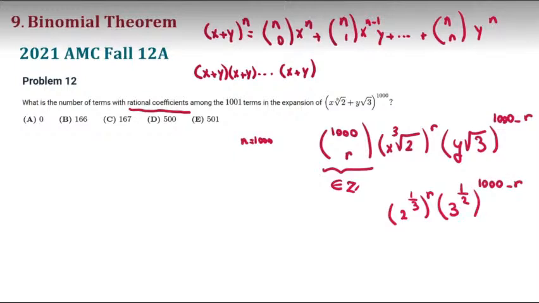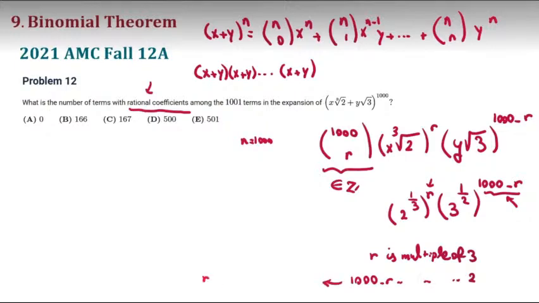So r is a multiple of 3 because it says rational, and 1000 minus r is a multiple of 2 because of this. So then r is a multiple of 2. From these two things, r is a multiple of 2 and of 3, so r is a multiple of 6.